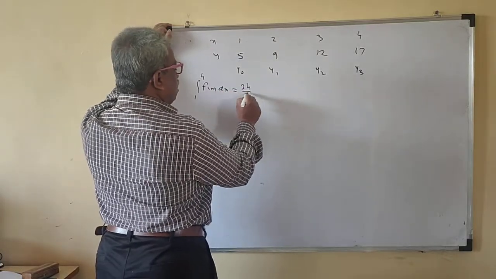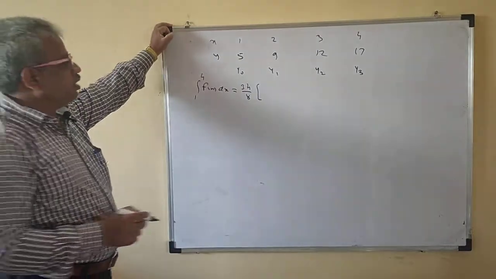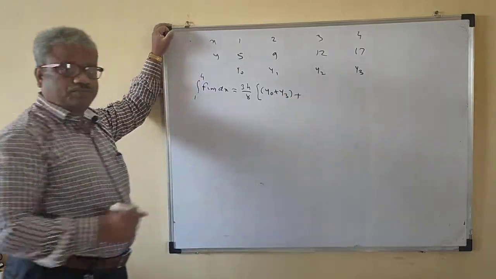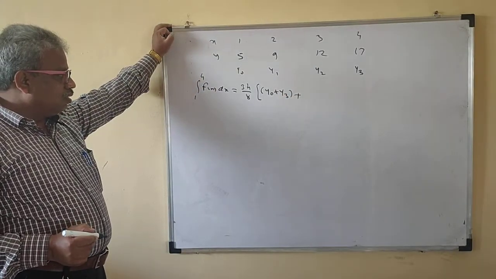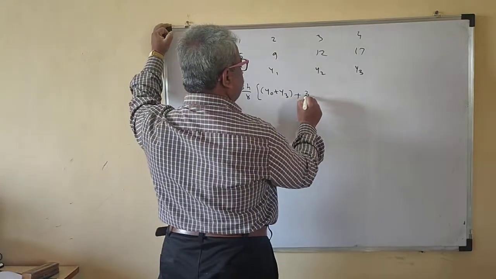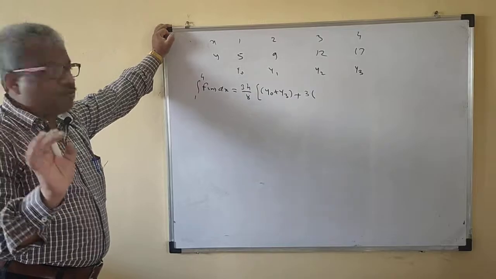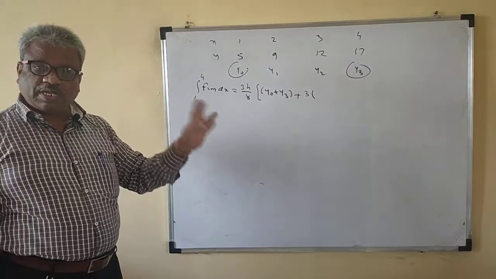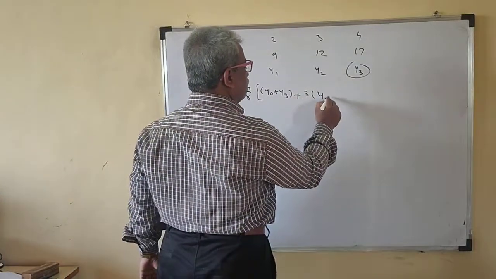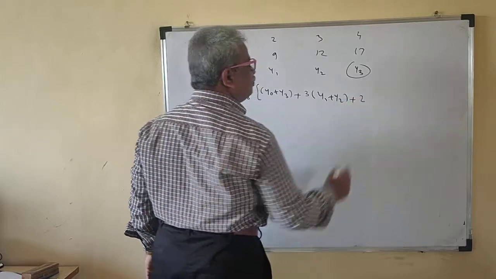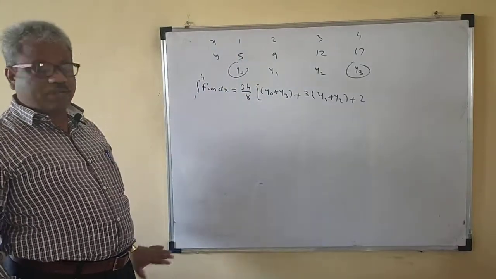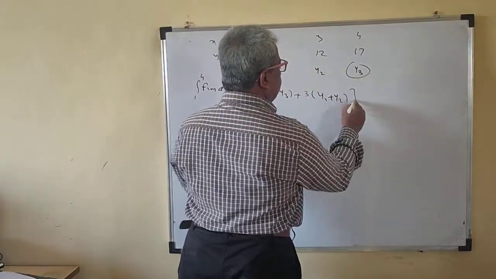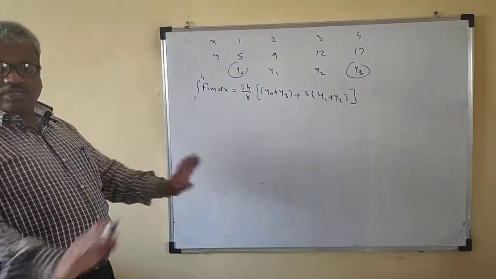Simpson's 3/8 rule is 3H by 8 times Y0 plus Y3 plus 3 times the terms whose suffixes are not multiples of 3, that is Y1 plus Y2, plus 2 times the suffixes that are multiples of 3. But here no suffix is a multiple of 3, so that term will not be there.